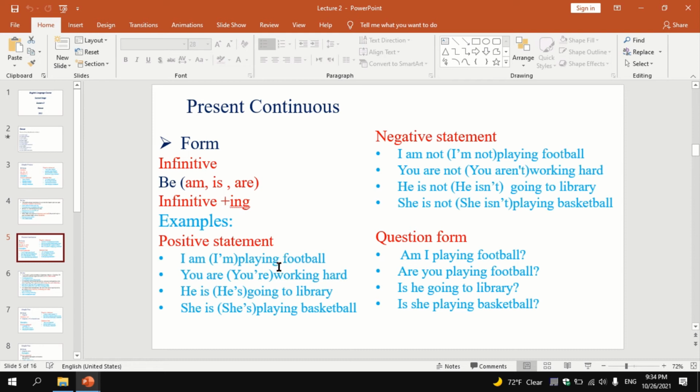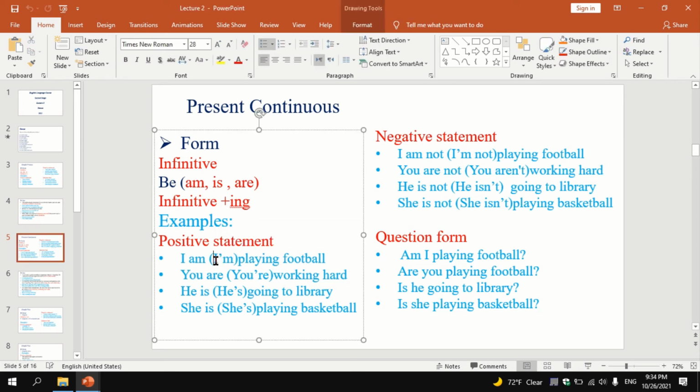This example shows the form of present continuous in positive statement. We can use the abbreviation of I am, I'm. I'm playing football.